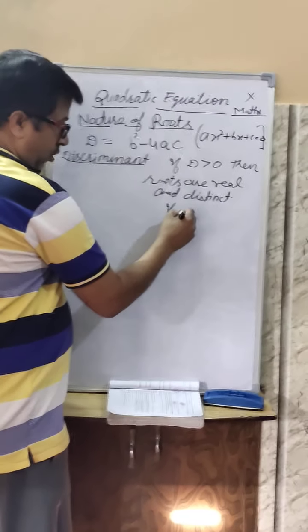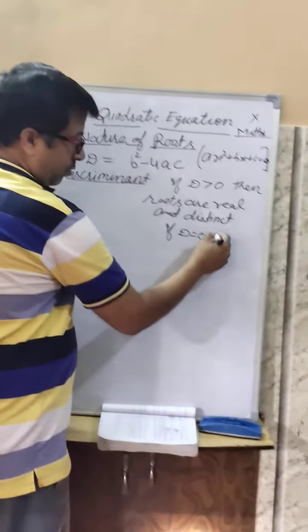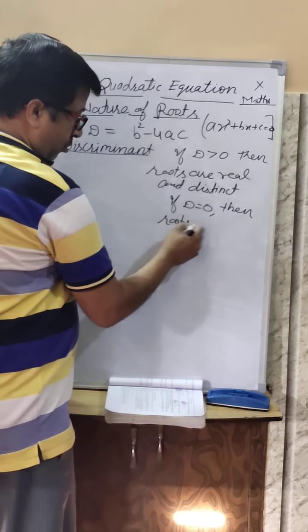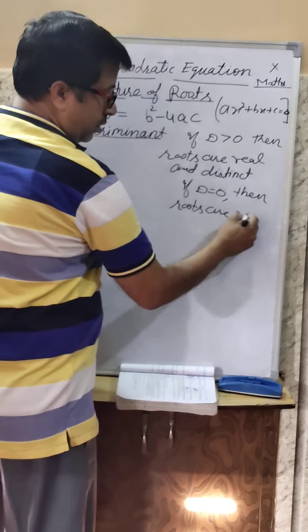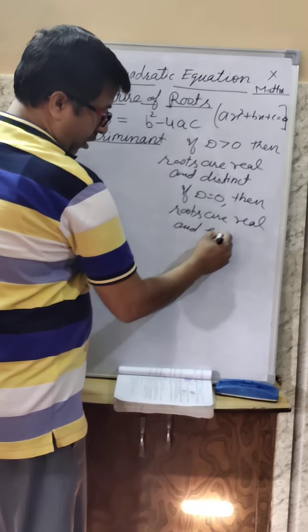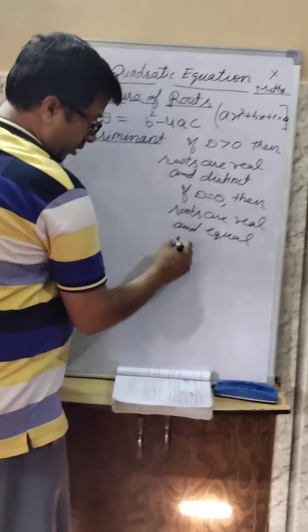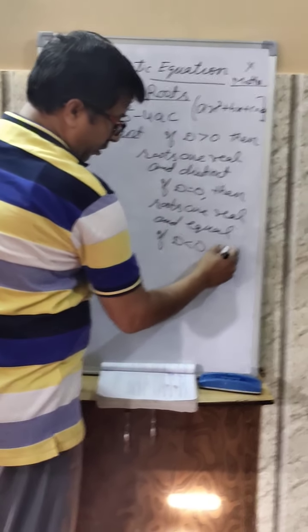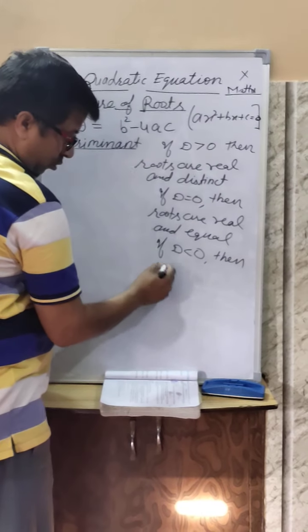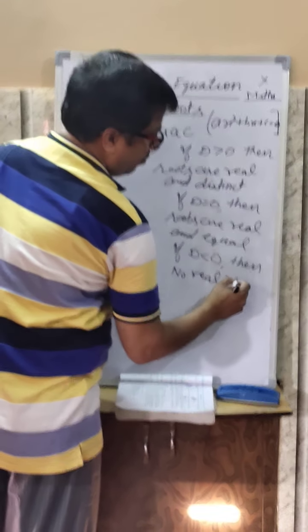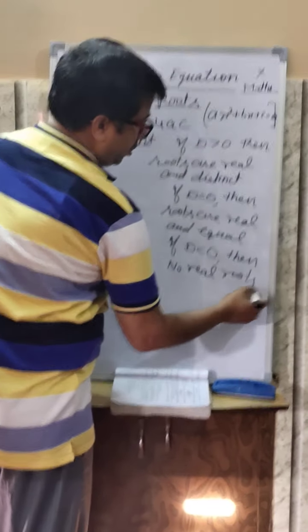Another, if D equal to 0, then the roots are real and equal. And if D less than 0, then what do you say? No real roots are there. No real roots. Is clear?